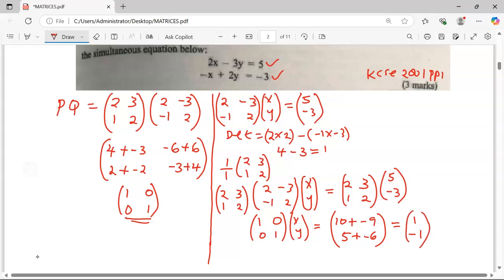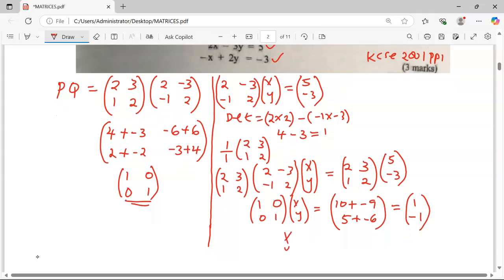That means x, y will be equivalent to 1, negative 1. That means x will be equal to 1 and y will be equal to negative 1. And that is the answer to this particular question.